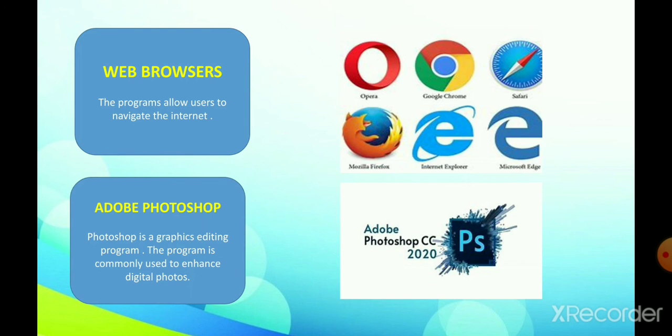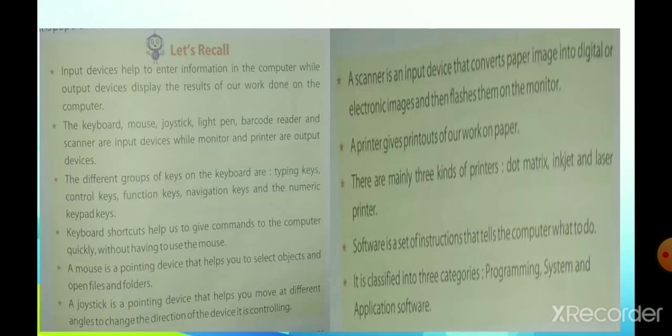Now this chapter explanation part is completed. Let's recall. Input devices help to enter information in the computer while output devices display the result of our work done on the computer. The keyboard, mouse, joystick, light pen, barcode reader and scanner are input devices while monitor and printer are output devices.